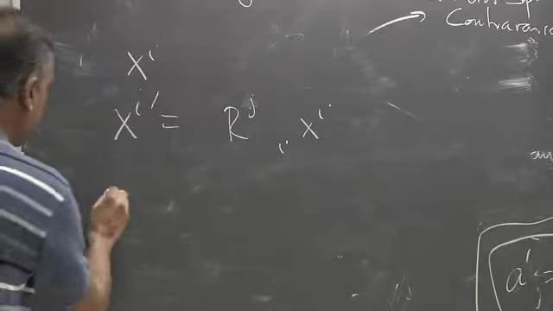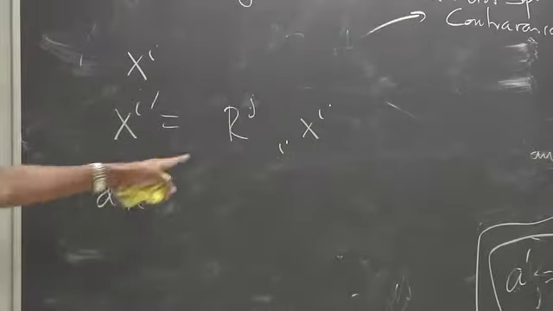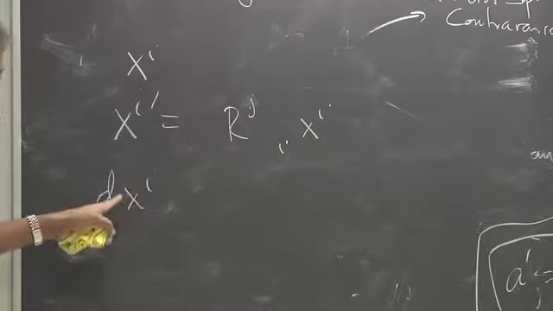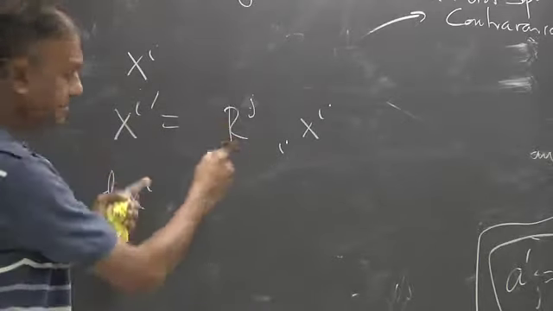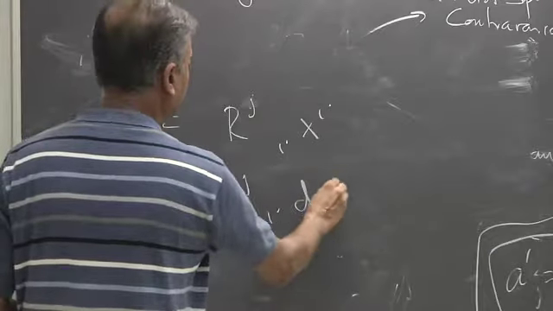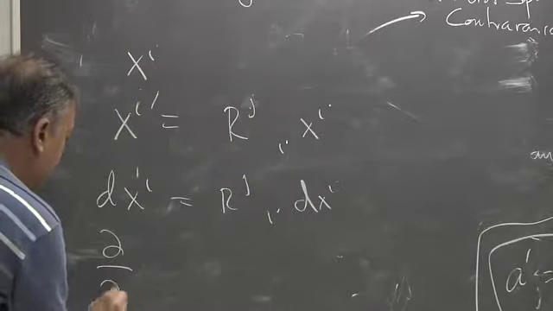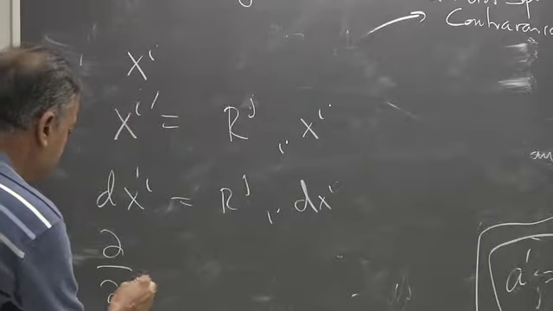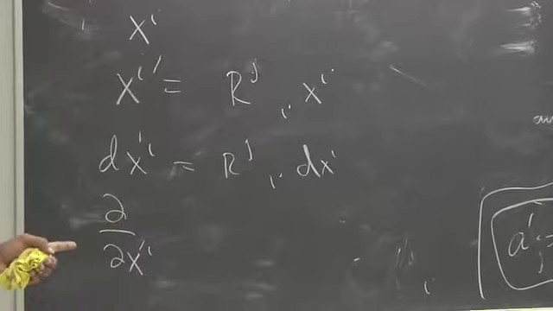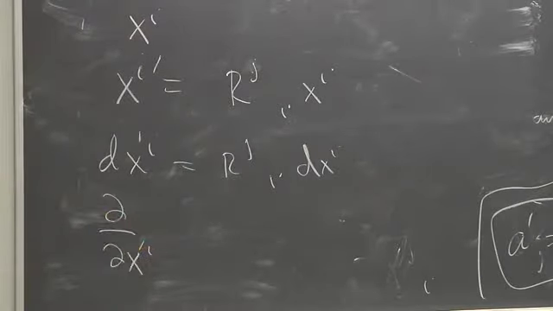Then dx_i, if I consider small differentials, will transform one way. Just take the differential on both sides, so dx prime i is simply R_ji dx_j. But d by dx prime i, if I consider partial derivatives, will transform differently, because it will transform with the R inverse.